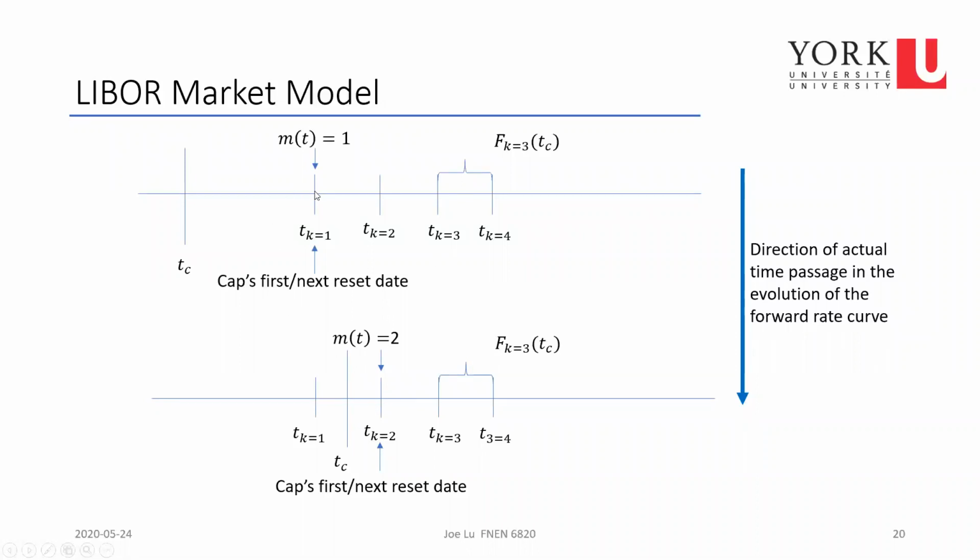So if t evolves here before moving past this point, it's always a zero coupon bond from here to here initially, and then if t moves to here, it will be from here to here.